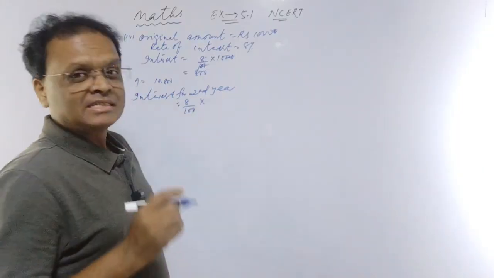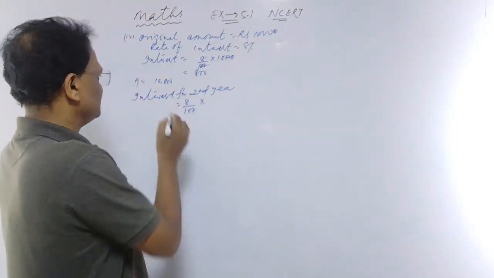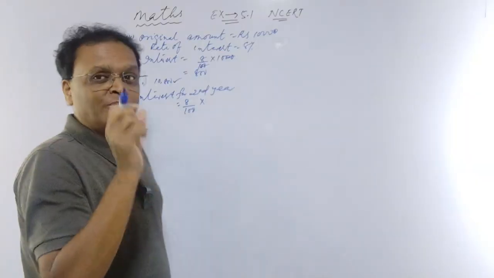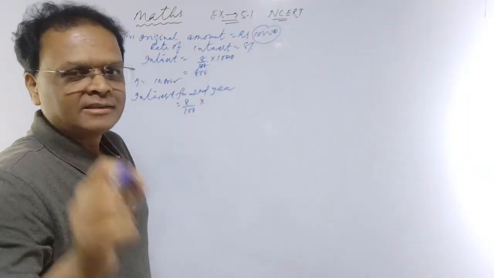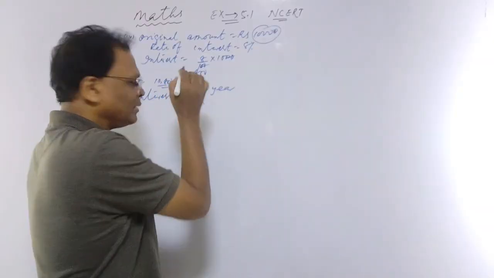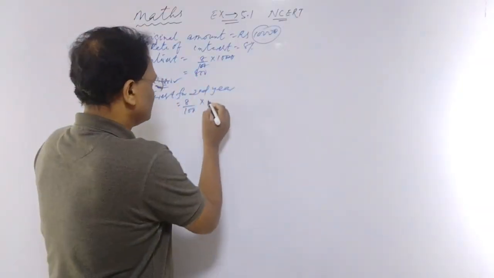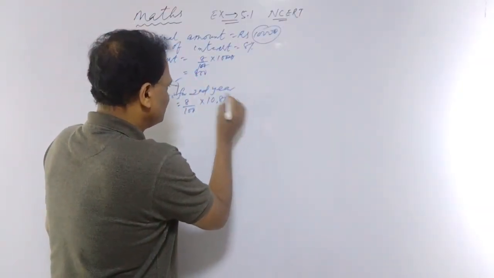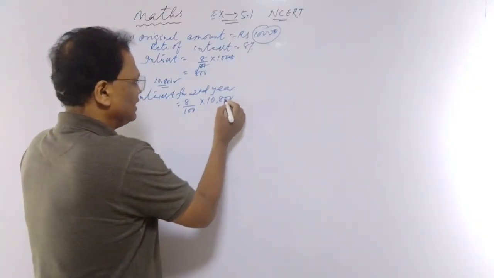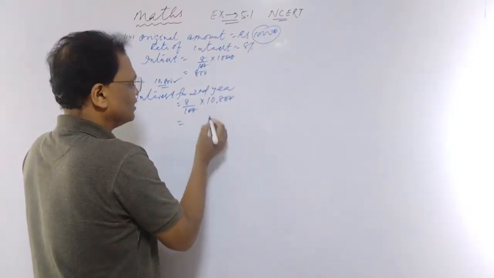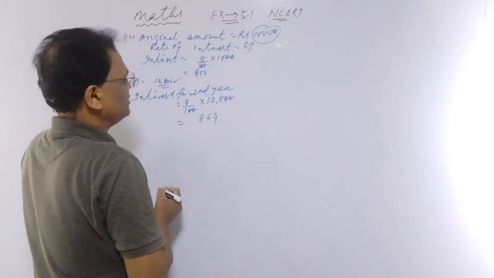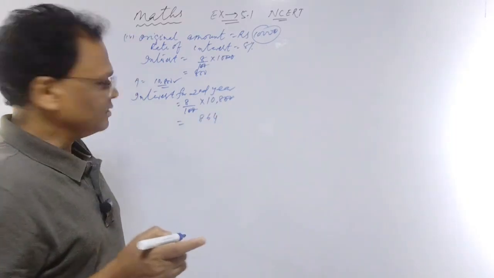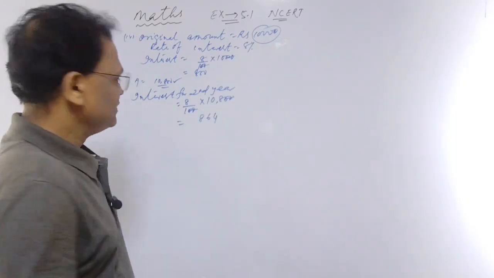But what is the amount at present? Because this is compound interest, we can't take the original one. Compound interest means this one will be my amount. So 10,800 I have to take. Again the zeros get cancelled. So this becomes 864. This is the interest for the second year.